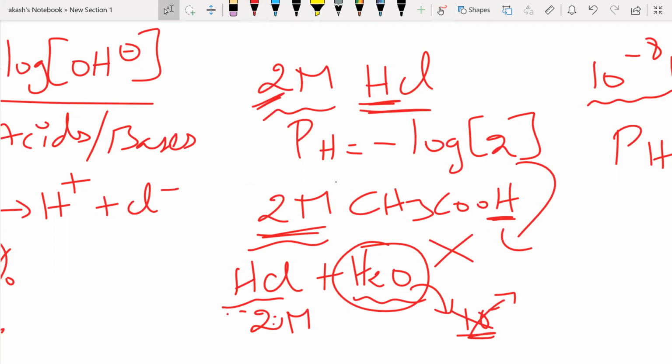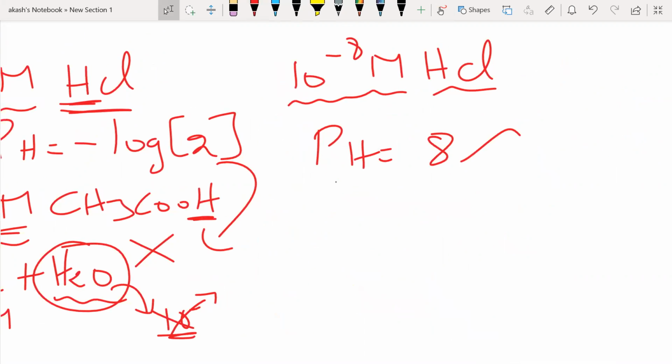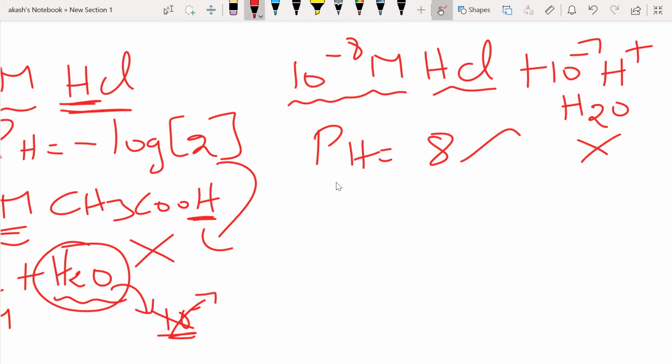But in this case, this is 10 to the power minus 8 M HCl, and water is giving me 10 to the power minus 7, so the H+ coming from water cannot be neglected. In the last case you were able to neglect it because this value is very small compared to the acid. But here the H+ concentration from HCl itself is very small, so you cannot neglect the H+ coming from water in this case. You have to add that.